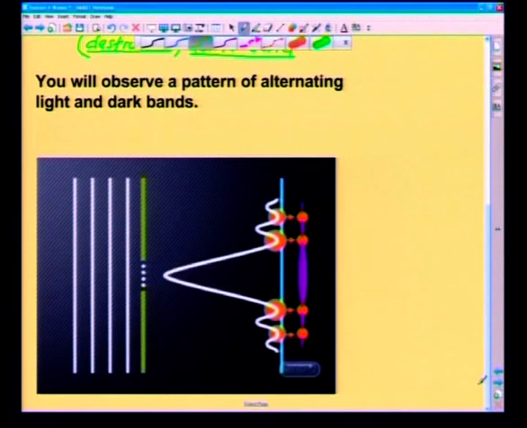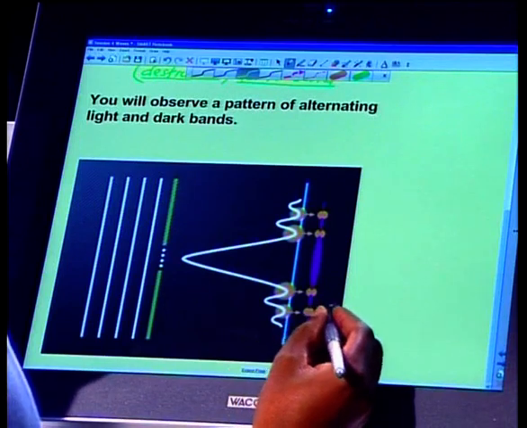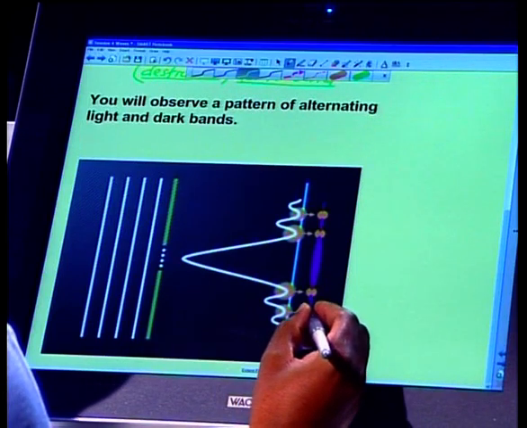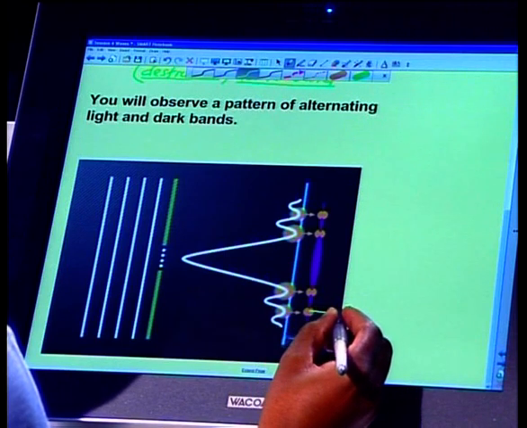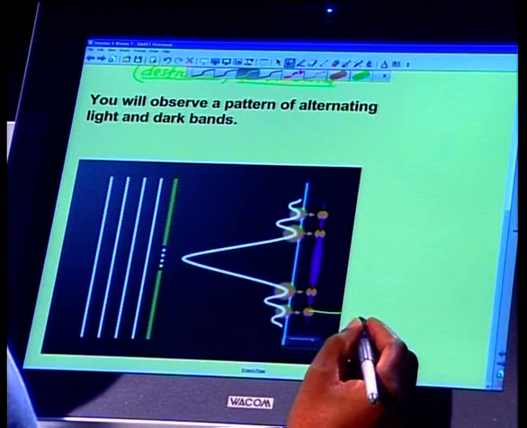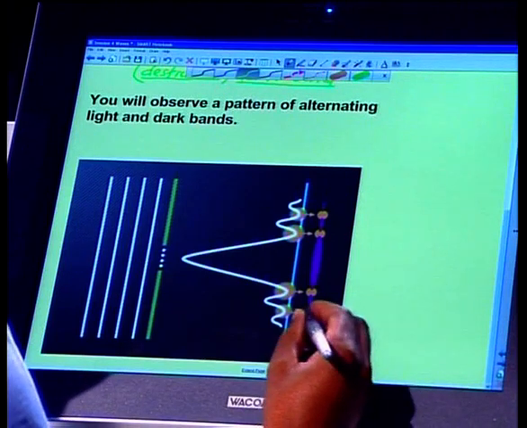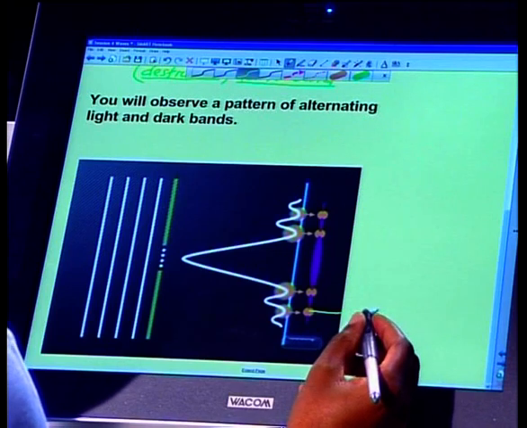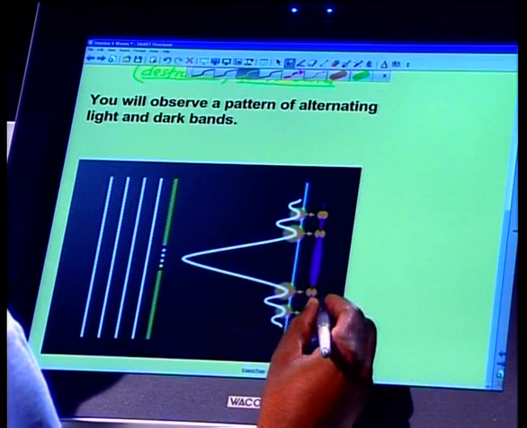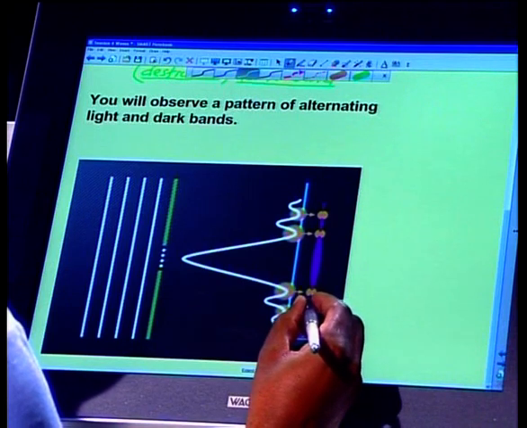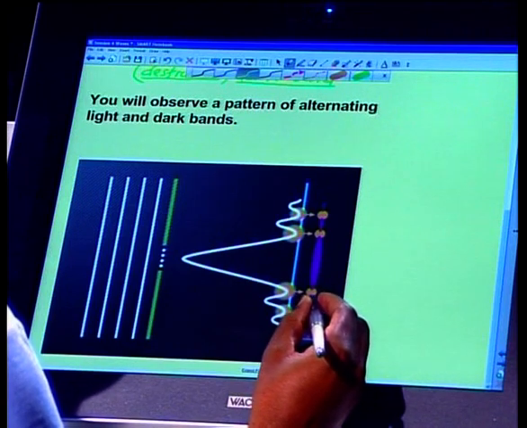Now let's summarize what we have just done quickly in this diagram here. We had dark points, which we refer to as dark bands, and that is where destructive interference happened. The purple section showed us constructive interference.